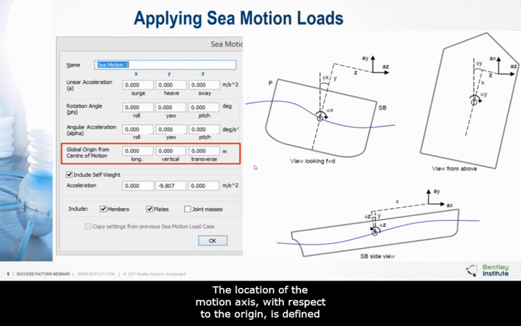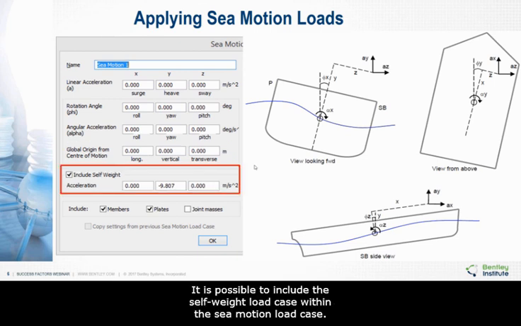The location of the motion axis with respect to the origin is defined in the motion axes boxes. The x direction is positive if the model's origin is forward of the centre of motion, the y direction is positive if above the centre of motion, and the z direction is positive if it's to the starboard of the centre of motion. It is possible to include the self-weight load case within the sea motion case.